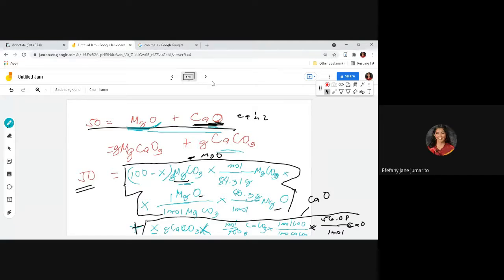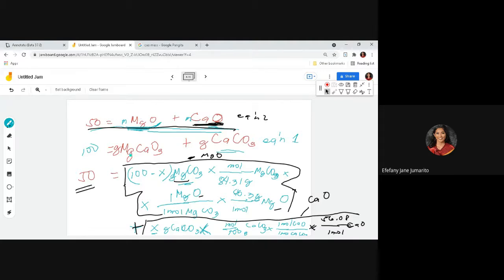Now, in equation 2, MgO plus calcium oxide is equal to 50. We don't know the mass of your MgO or the mass of your calcium oxide. But in equation 1, we use it to get the MgO and the calcium oxide.